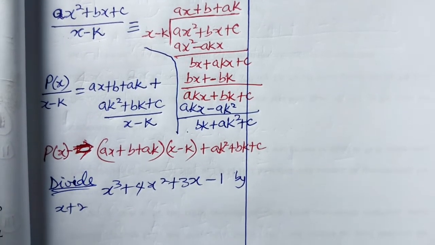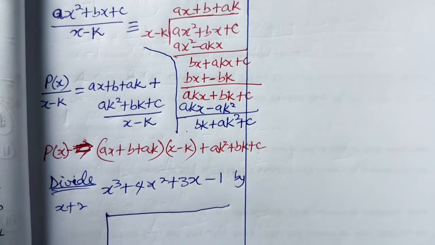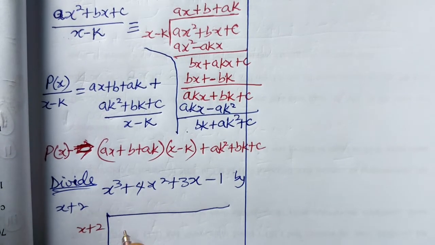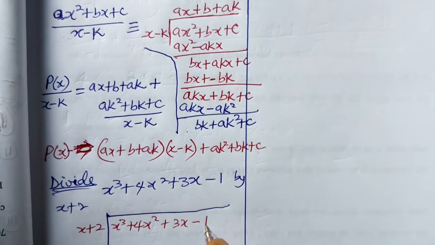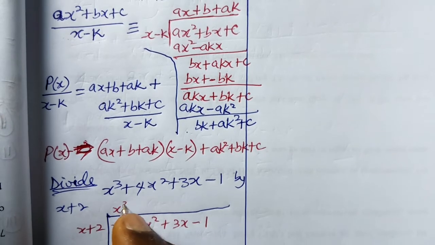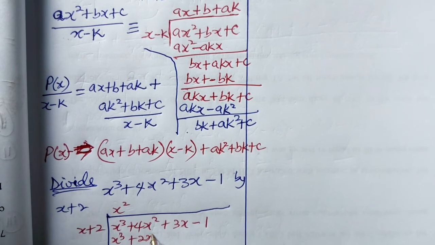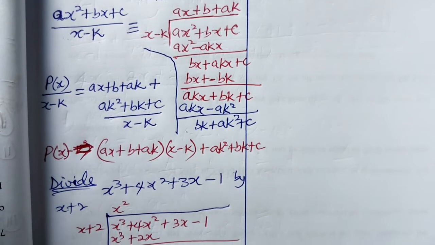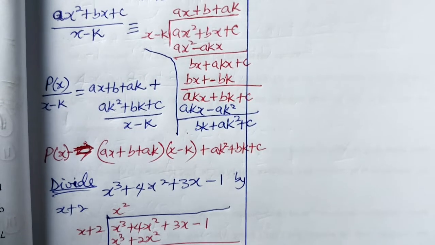If we are asked to do that, we'll set it up like this, x plus 2, then here is x cubed plus 4x squared plus 3x minus 1. So here will be x squared, and we have x cubed plus 2x squared. Good. So this and this will cancel. This minus this is 2x squared, so we have 2x squared plus 3x minus 1.